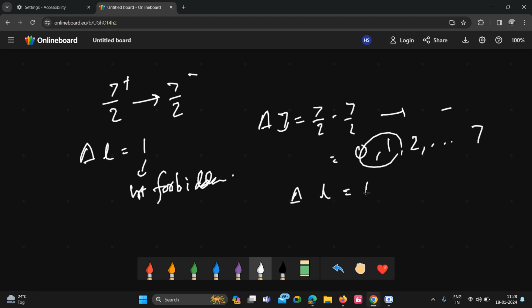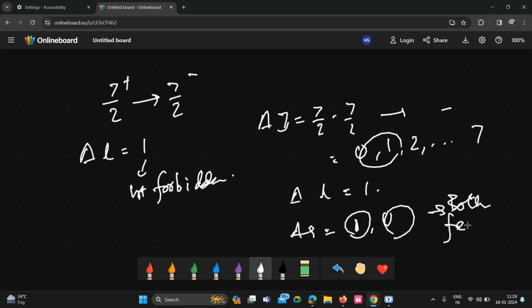Del L is equal to 1. So del S values are what? This is 0, 1 is 1, 1 is 0. So del S value is both 1 and 0. That means it's both Fermi and GT. Very simple.